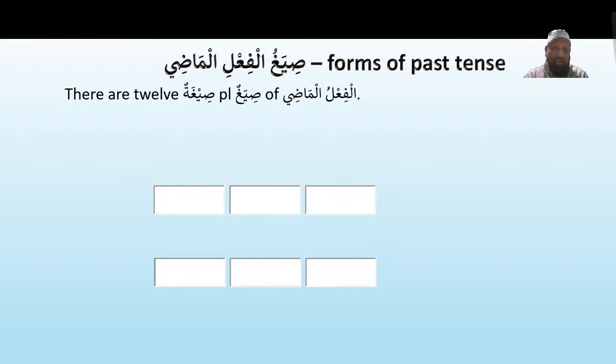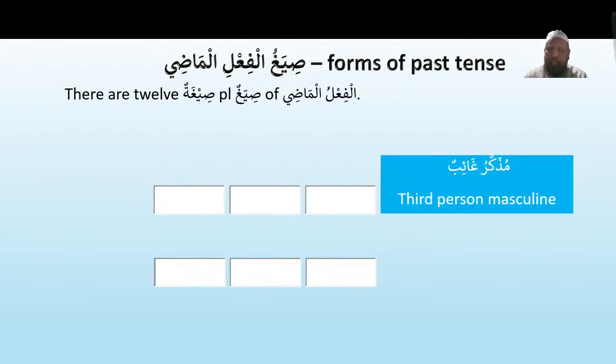If we add those damir al-marfu al-muttasil, let's add one by one and let's see. First is mudhakkarun ghaibun, third person masculine. Suppose we want to say he did, they did, dual, and they did, plural. So this is called mudhakkarun ghaibun.